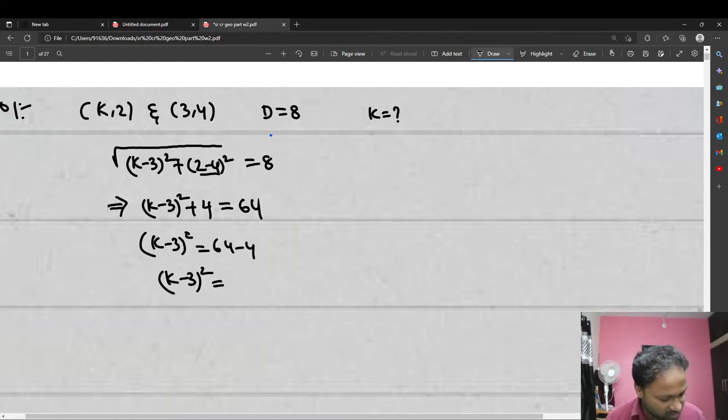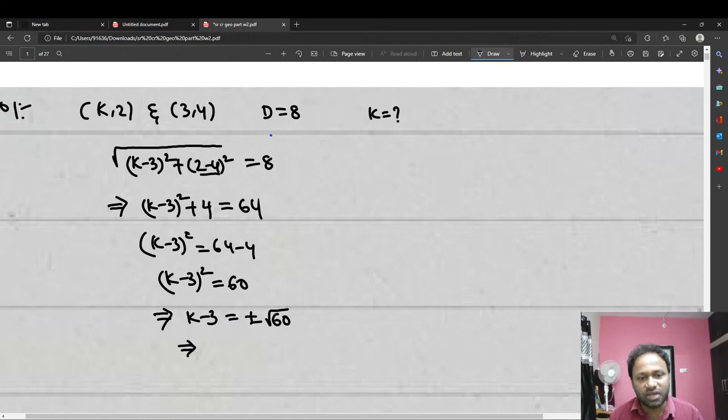From this, I will write k minus 3 is equal to plus or minus root 60. So the value of k is, minus 3 will become plus 3, so 3 plus or minus root 60. So I got the value of k. Okay, so in this way, I can find the value of k.